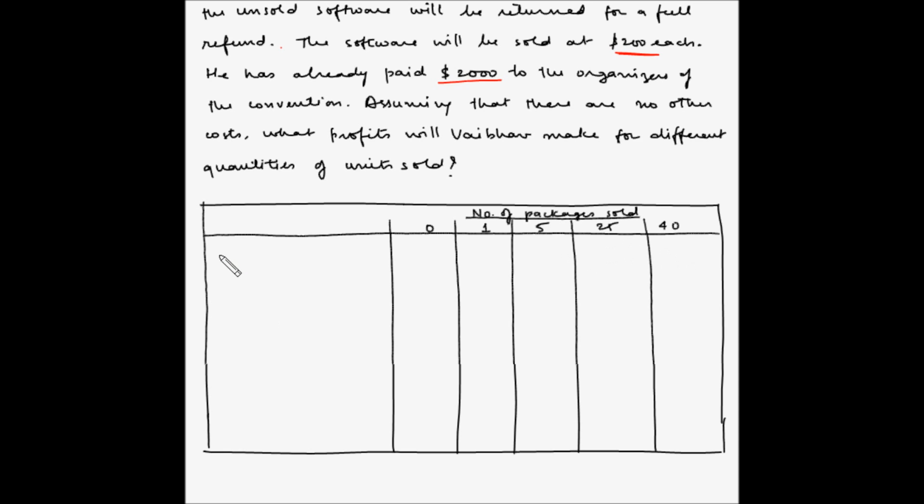So first let's find out the revenue that will be generated for these different quantities at $200 per package. So for 0 quantities the revenue will be 0. For 1 the revenue will be 200 multiplied by 1, which is 200.